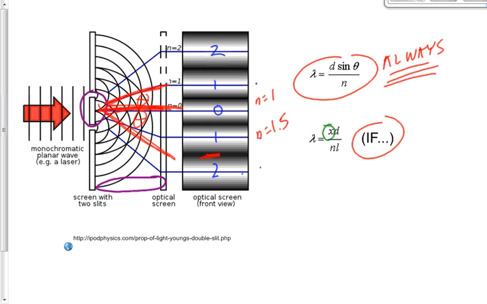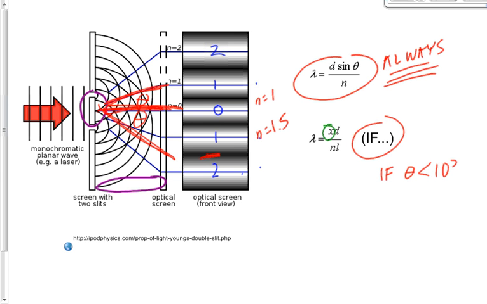It gives you a really good value for lambda if theta is less than 10 degrees. If theta is greater than 10 degrees, then the approximation isn't so good. The value that we're going to get is going to be too far off to bother using this equation. So, angle less than 10 degrees, you're good to go. Angle greater than 10 degrees, don't use it.